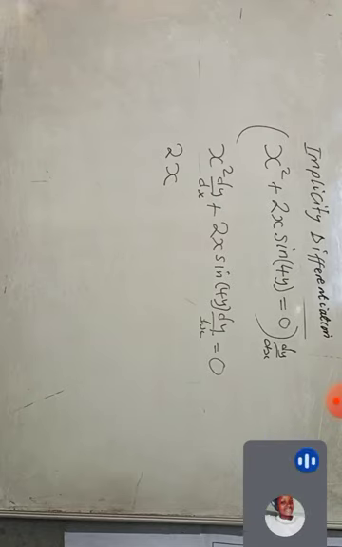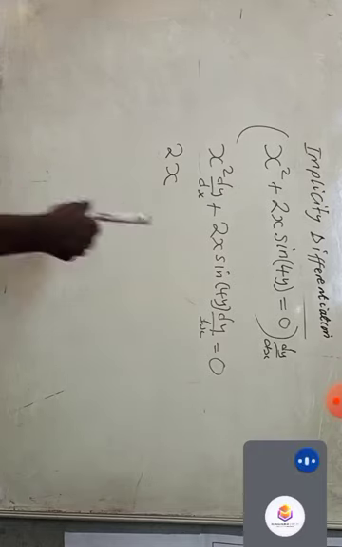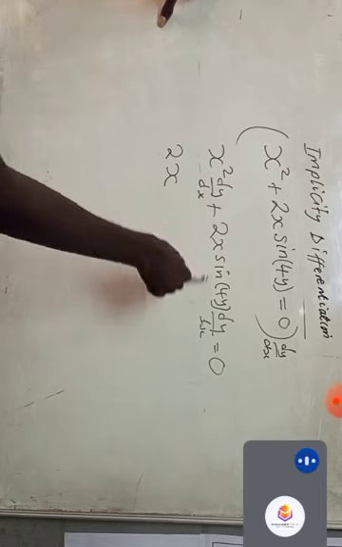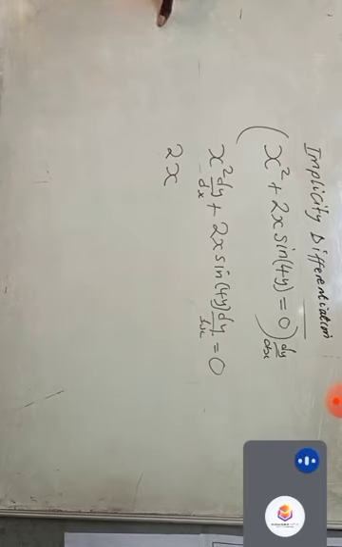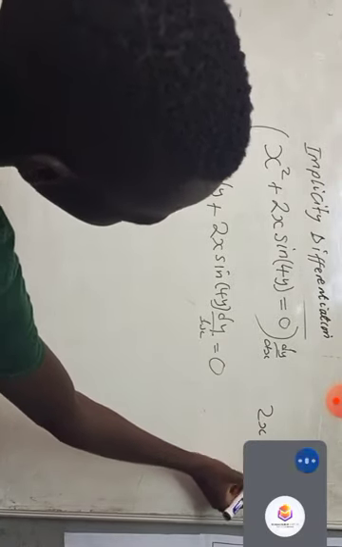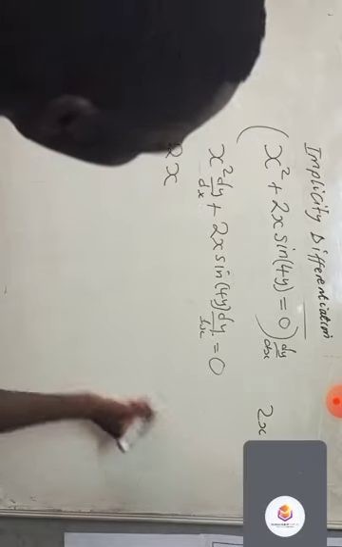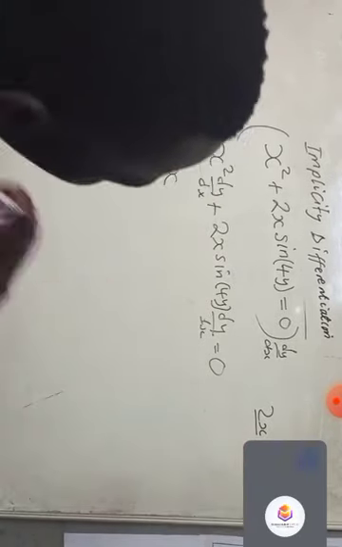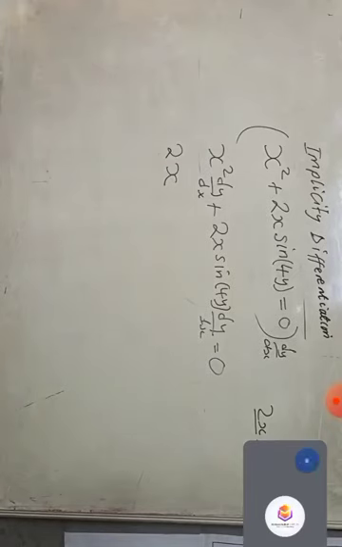Do we use the product rule? Yes, it's the product rule, correct? Since you have two terms, 2x and sine 4y, these are two terms multiplying.